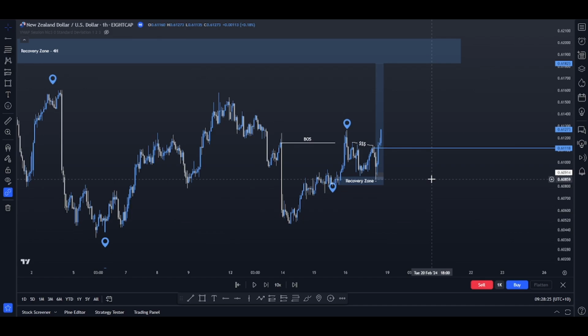We don't want to be in that particular scenario, because all of the market makers and the institutions are trading in the opposite direction, and most of the volume in the foreign exchange market is made by those major market makers and big corporations. So obviously we want to be in line with that volume.